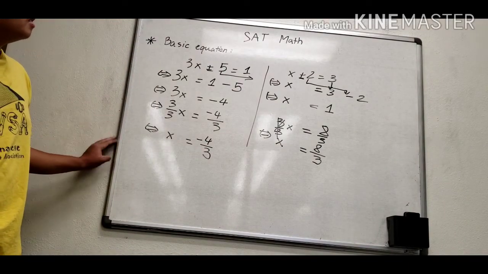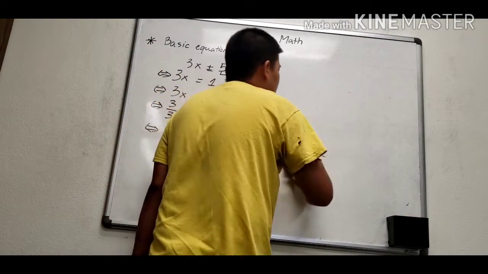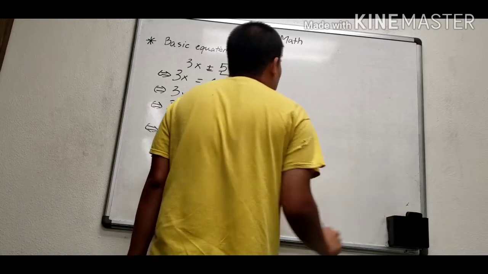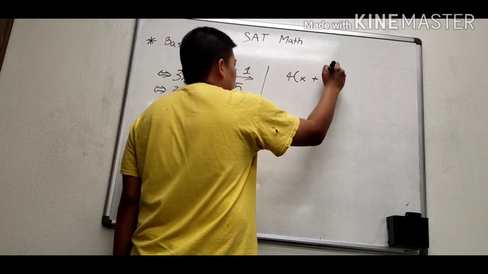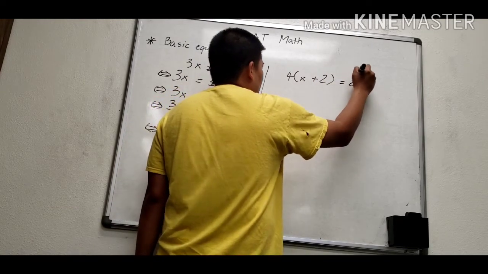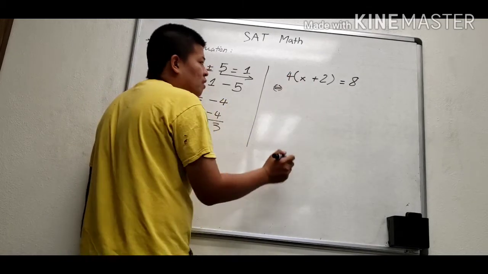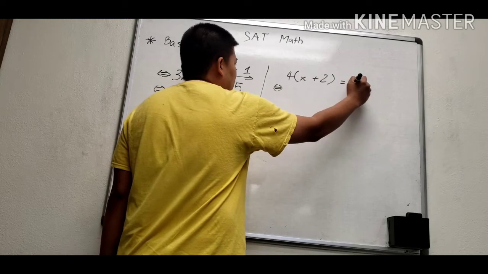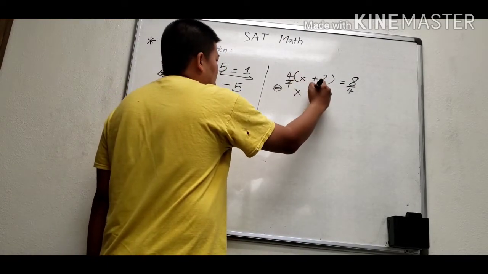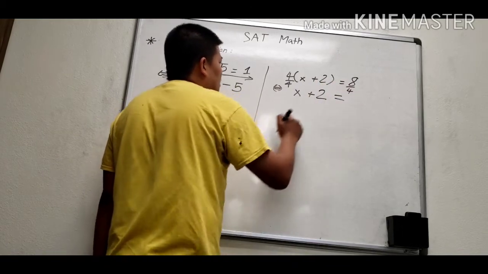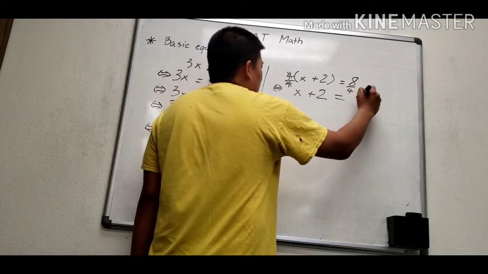You need to learn the next equation you need to know. Let's see 4s plus 2 equal to number 8. In here, you need to divide both sides by number 4, so you can open the bracket here. 4 divided by 4 is 1. 8 divided by 4 is 2.